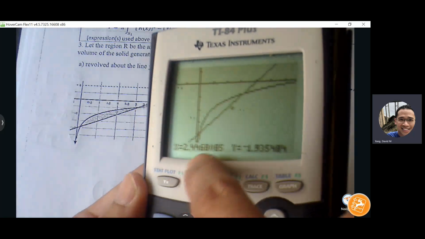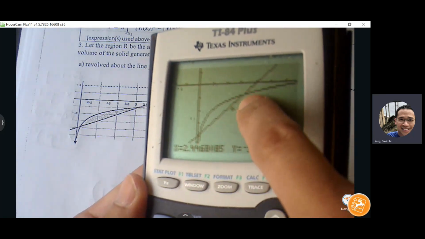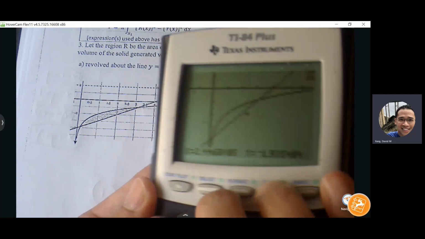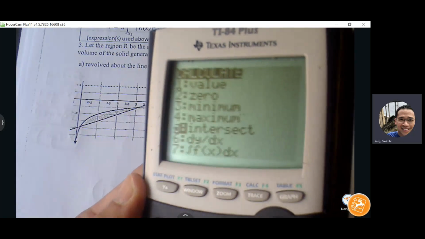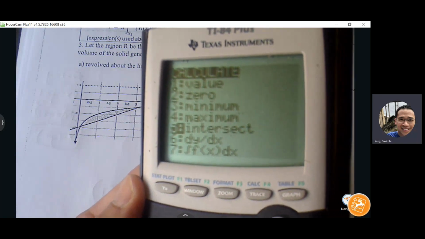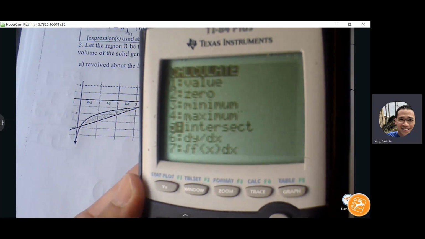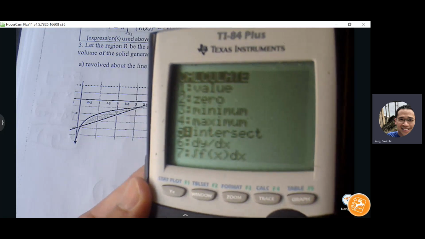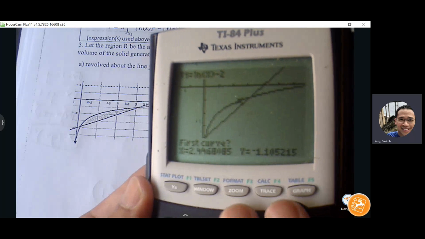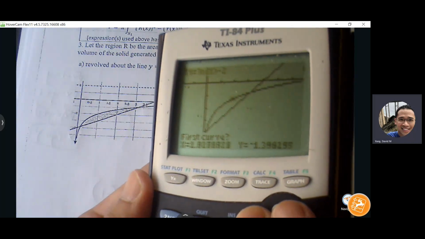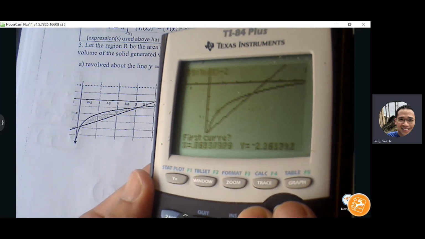All right, that's better, right? And I can see there's an intersection here and an intersection here. So if we do second trace, select intersect. You have to do this twice because I want to find the left intersection and also the right intersection. First curve, it doesn't matter which one you choose. I'm going to choose the one on top first.